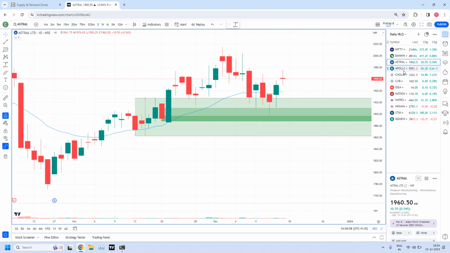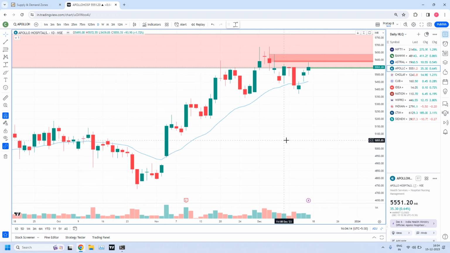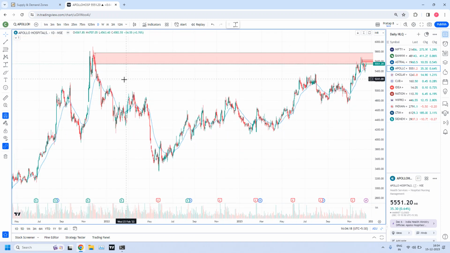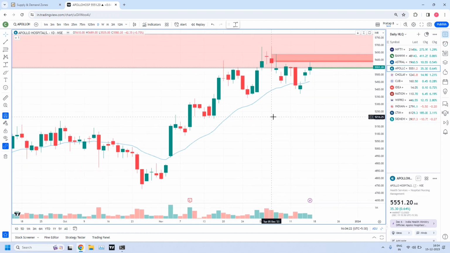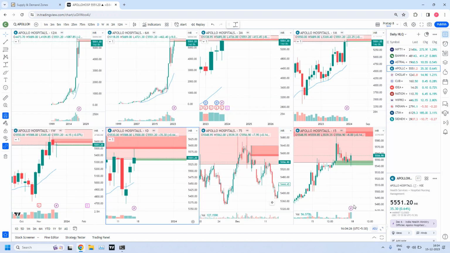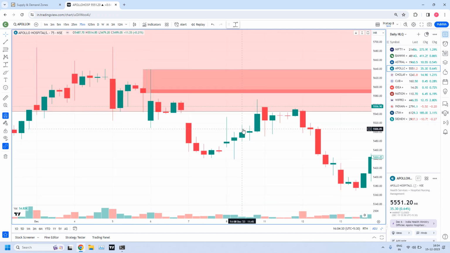The next one is Apollo Hospitals. This is a high liquidity daily supply zone. As usual, we went one time frame below, that is the 75 minutes time frame, and there we identified a fresh 75 minute zone.